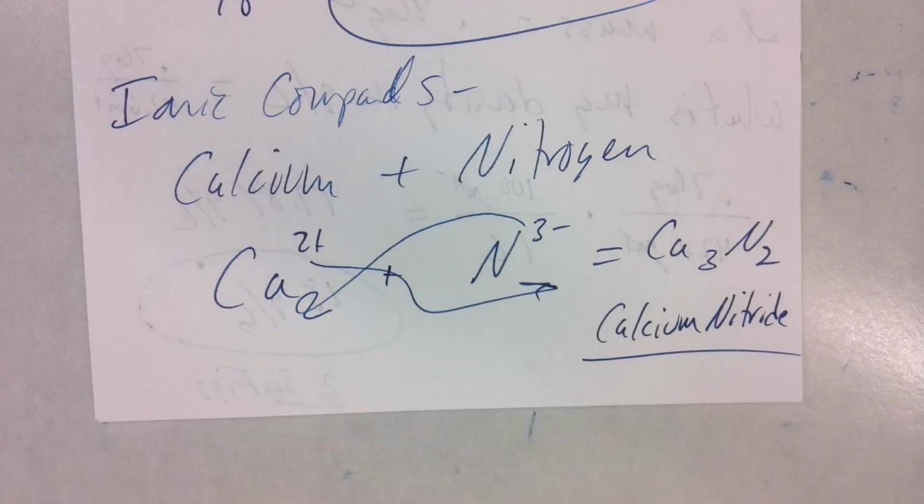It is just calcium nitride. Roman numerals is when it was a transition metal, meaning it had what? It meant they had more than one what? Valence?